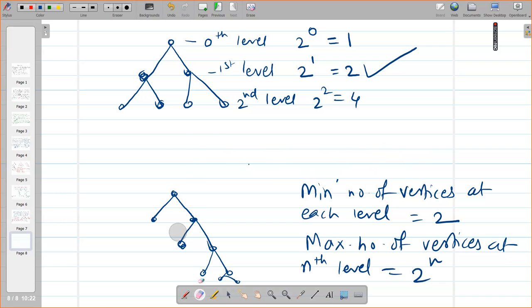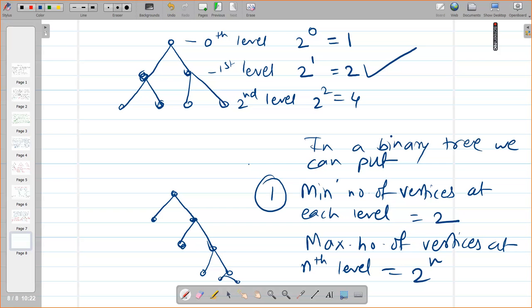This you can write. In a binary tree, we can put minimum number of vertices at each level equal to 2 and maximum number of vertices at nth level. At any level, it will be 2^n.